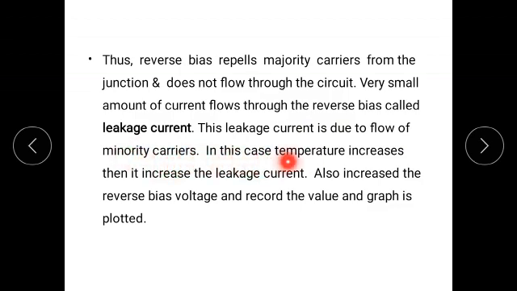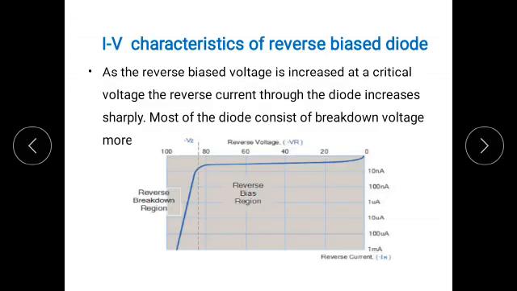In this case, as temperature increases, the leakage current increases, and we also increase the reverse bias voltage. If we record the value of that current and voltage, then the graph plotted is called the IV characteristics of the reverse bias diode.